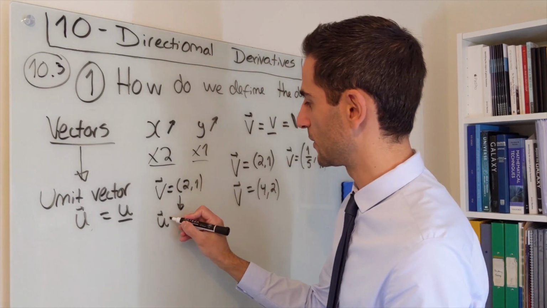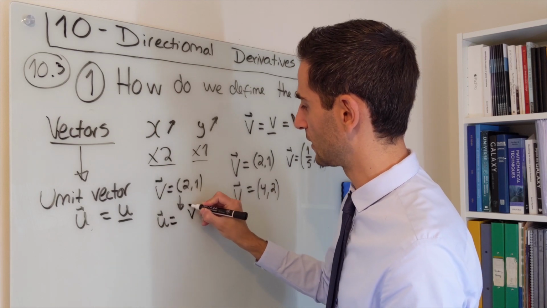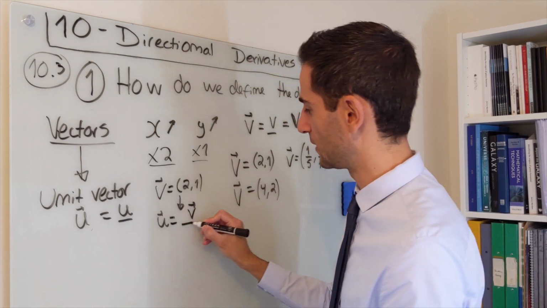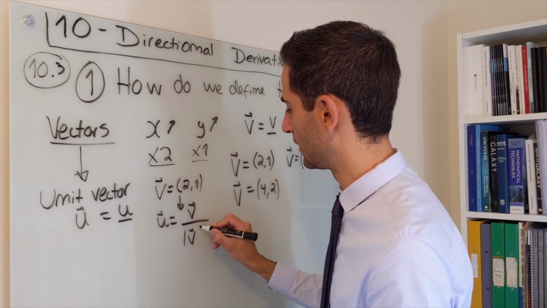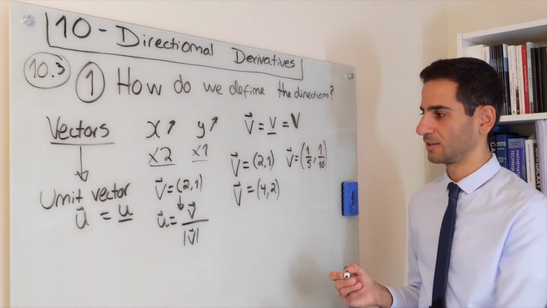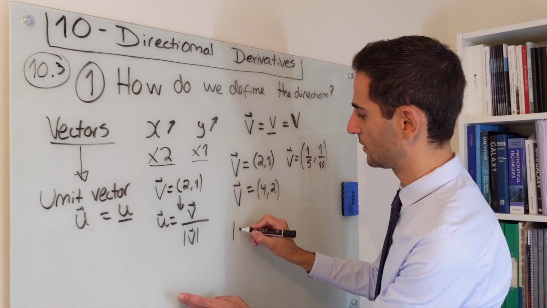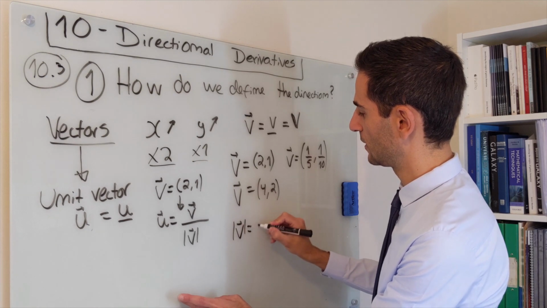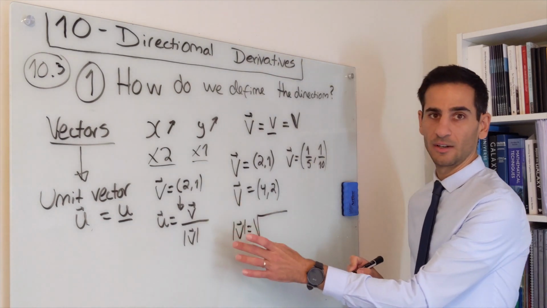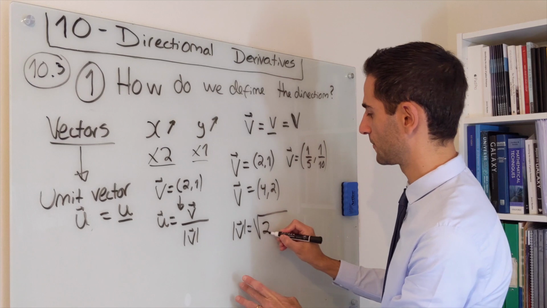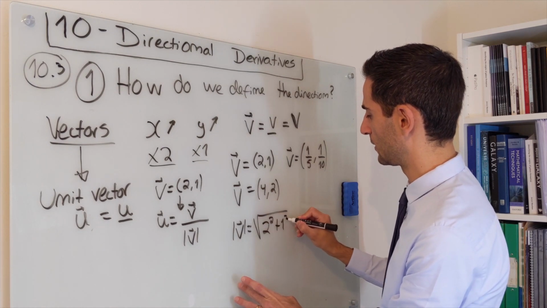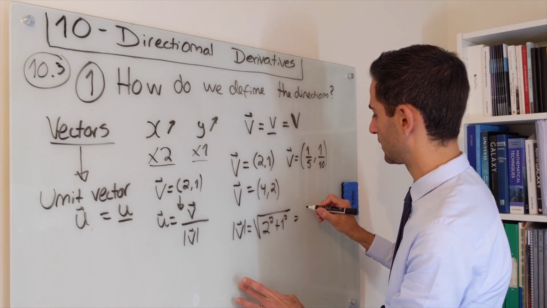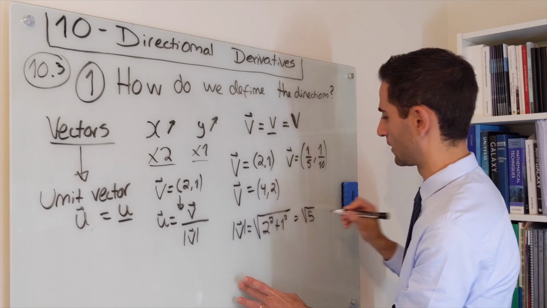It is relatively straightforward. What you need to do is you take your initial vector and you divide by its magnitude or modulus. How do you calculate this? It's relatively straightforward. You get the square root of the square of each component, 2 squared plus 1 squared, in this case, square root of 5.